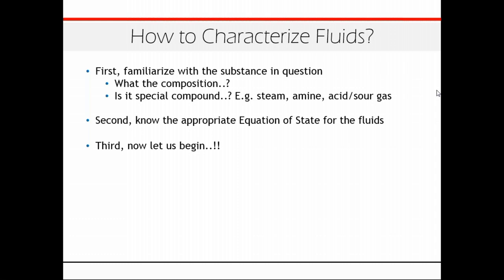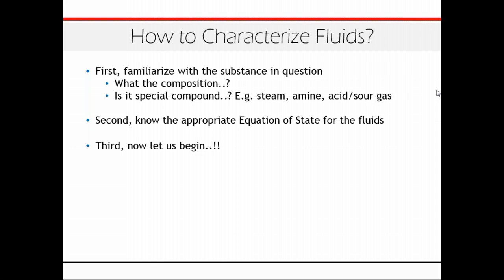You discover that all these crude oils will contain methane, propane, butane, and fractions of other compounds that make up crude oil.